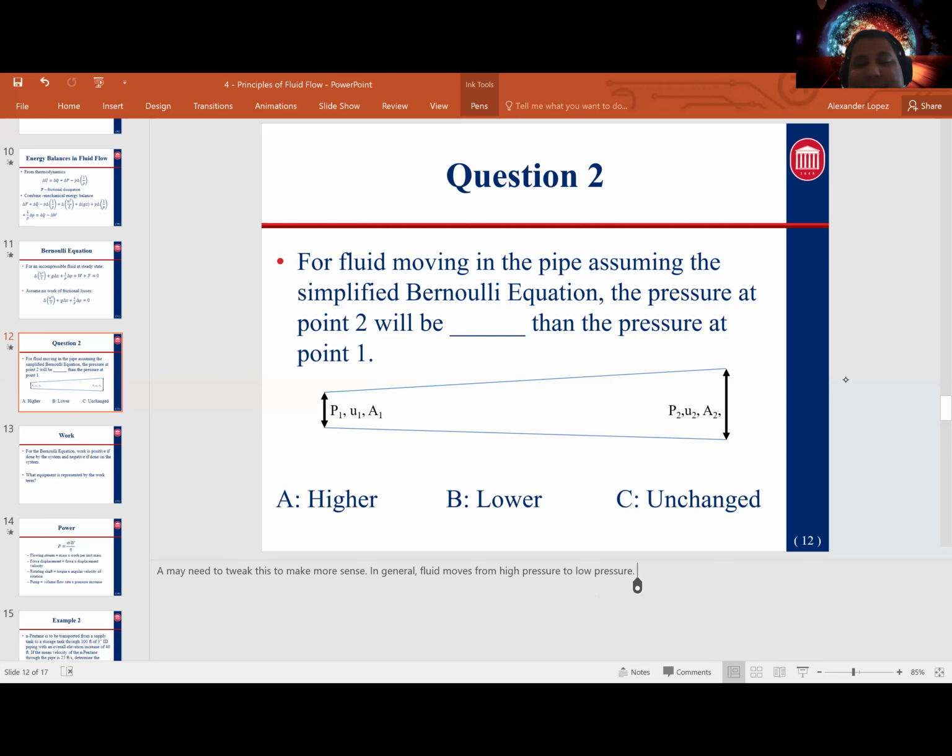So the question I'm asking is, is the pressure at point 2 going to be higher, lower, or the same as the pressure at point 1? And the way I've drawn it, or attempted to draw it, is that the diameter at point 2 is going to be larger than the diameter at point 1.